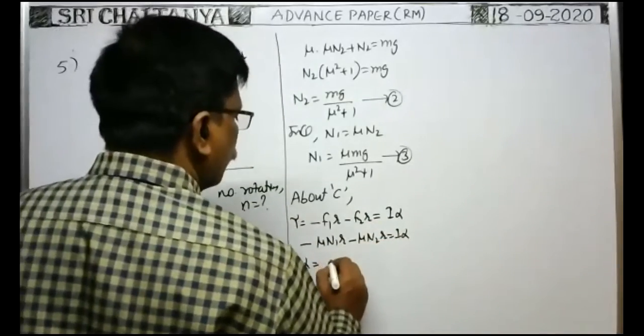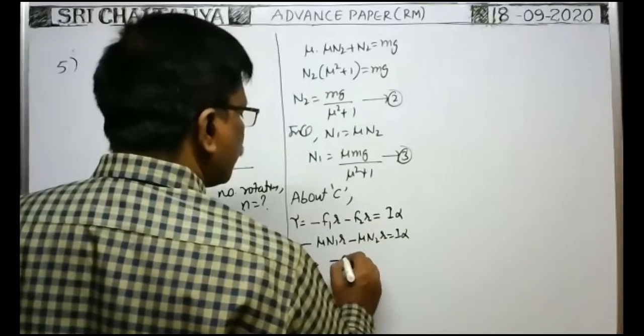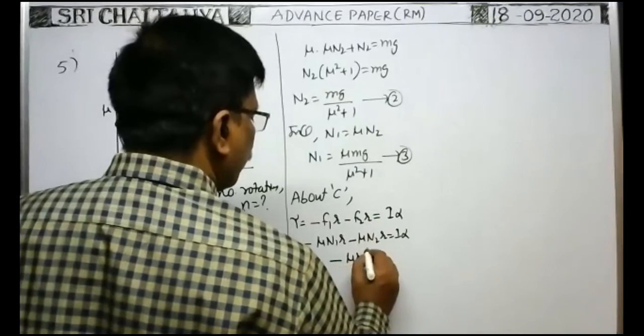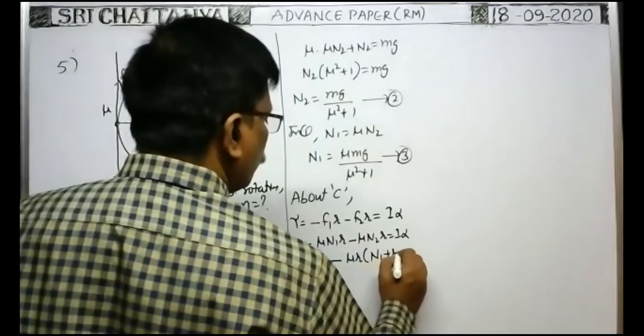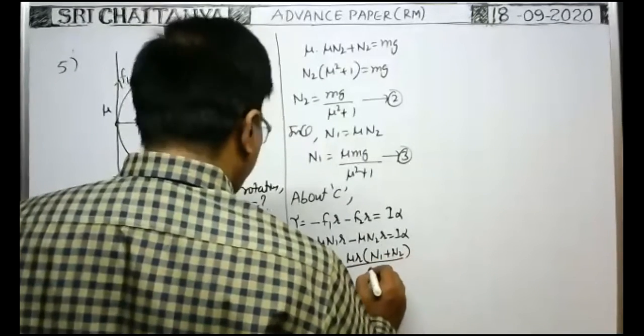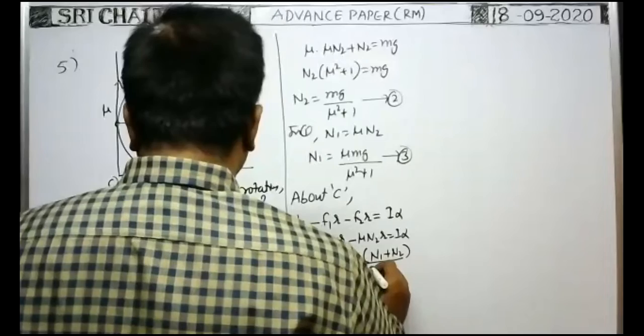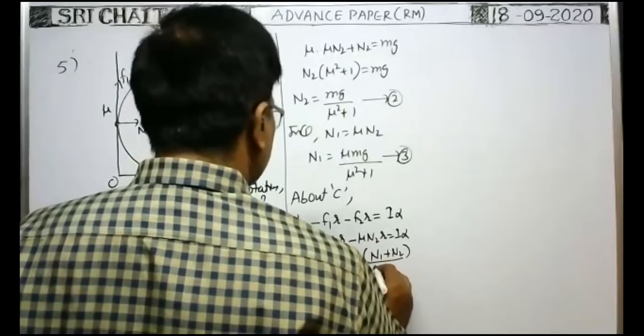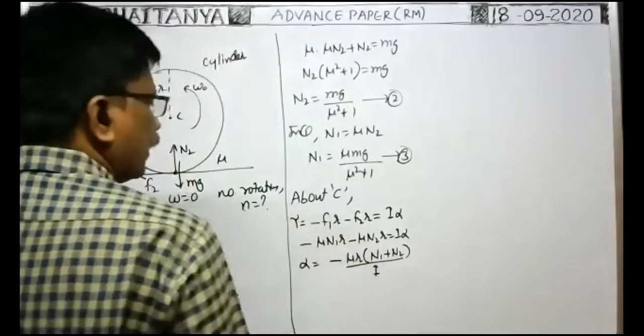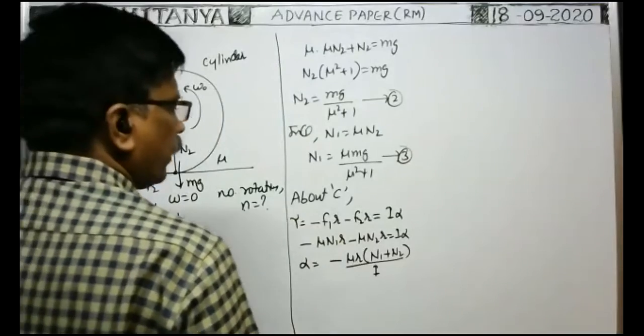So alpha is equal to minus mu r, taking common N1 plus N2, by the moment of inertia I. Here it is a cylinder, so the moment of inertia we can write as m r square by 2, no?